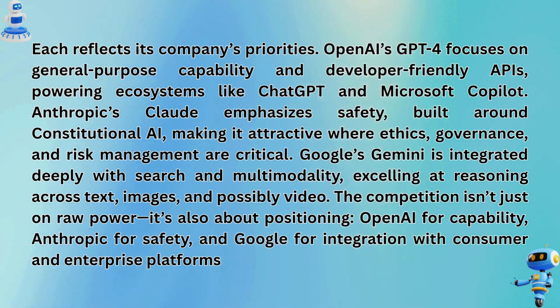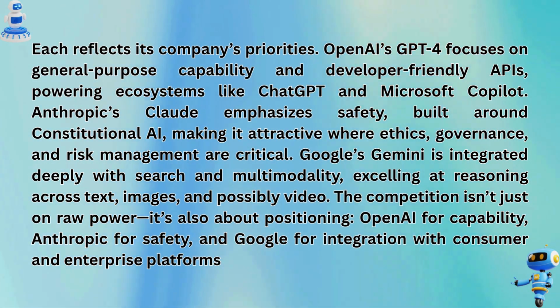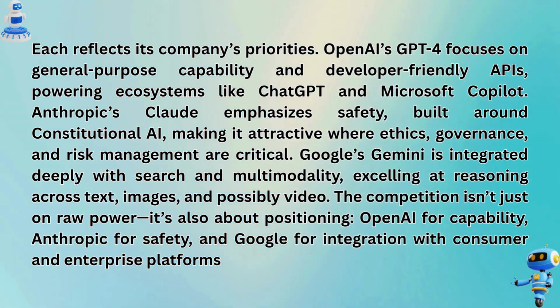Google's Gemini is integrated deeply with search and multimodality, excelling at reasoning across text, images, and possibly video. The competition isn't just on raw power, it's also about positioning. OpenAI for capability, Anthropic for safety, and Google for integration with consumer and enterprise platforms.